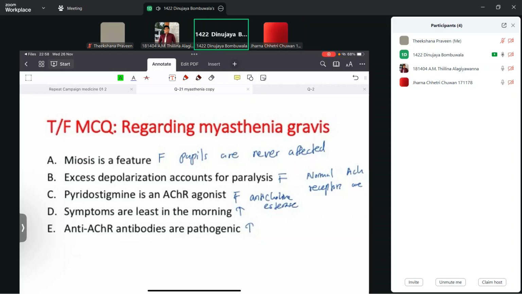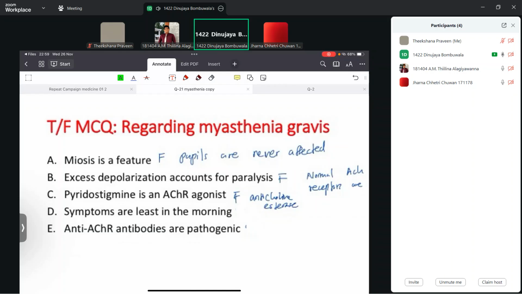Pyridostigmine is an acetylcholine receptor agonist. Antagonist, no?